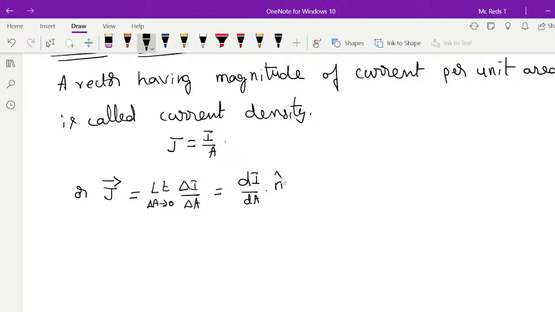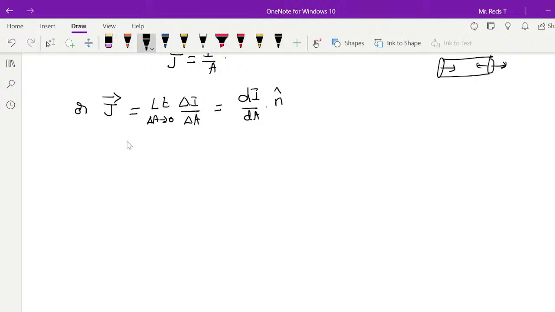It can be given as n cap. If a component of the area element is given, then it can also be expressed as J is equal to delta I by delta A cos theta, the normal component of area. From this, you can write dI by dA cos theta.